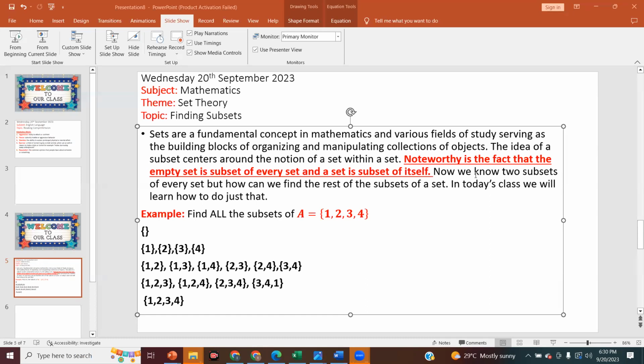Thank you. Matthew, give me a subset of A that contains 4 elements. 1, 2, 3, 4. Very good. Olivia, give me a subset of A that contains no elements. The empty set, very good. Zaria, give me a subset of A that contains 1 element.